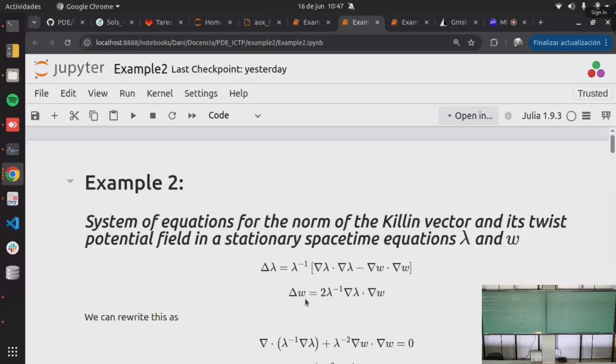Here we would like to show you the numerical treatment we did to solve the scalar part of the system, assuming that we know the symmetric tensor, the tensorial part of the system.